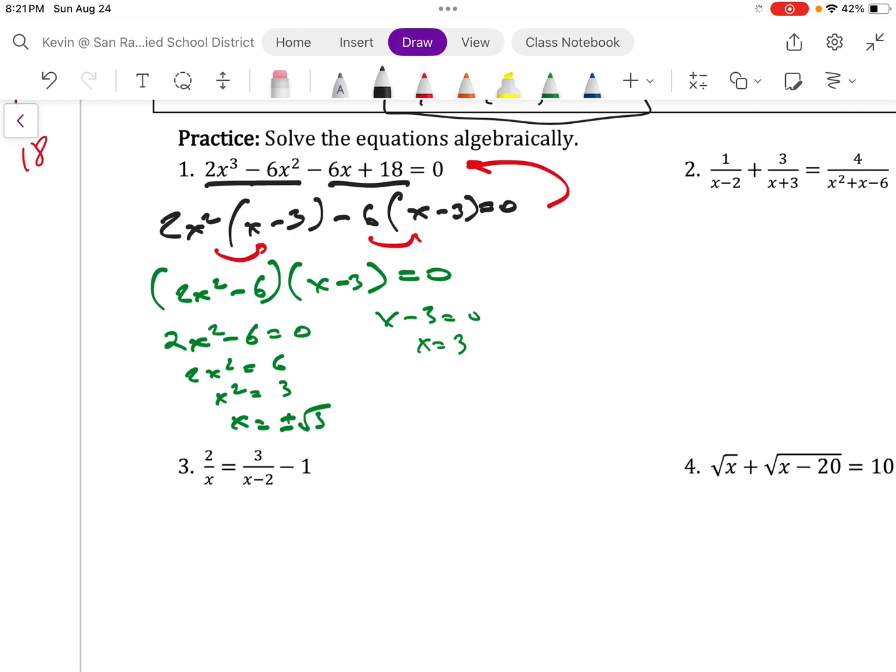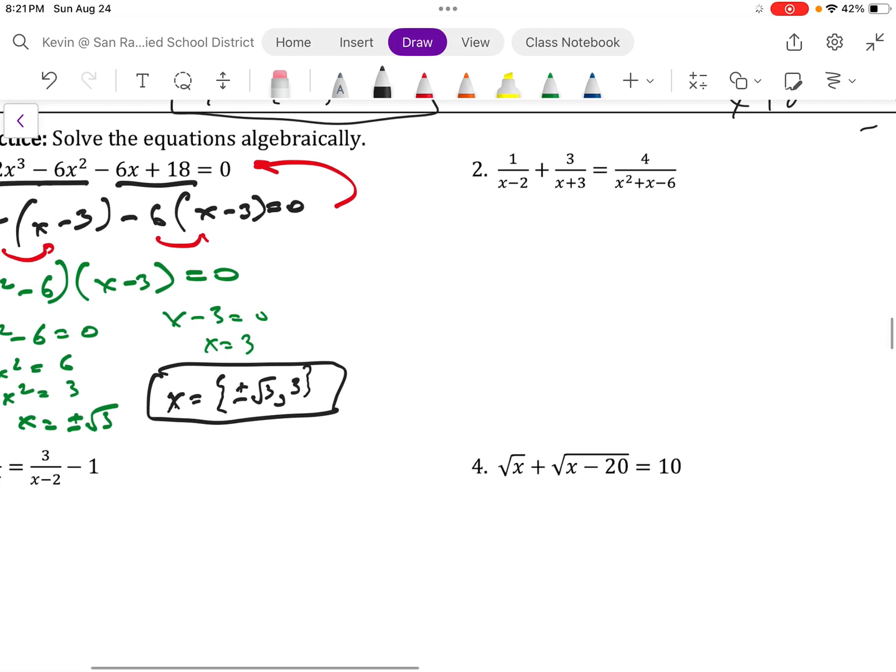So our solution set is, and please do x equals and the answers. Don't just write the answers in there. We're solving for x, so put x in there. Plus or minus square root of 3 and 3. So include the x, it's the solution set there.